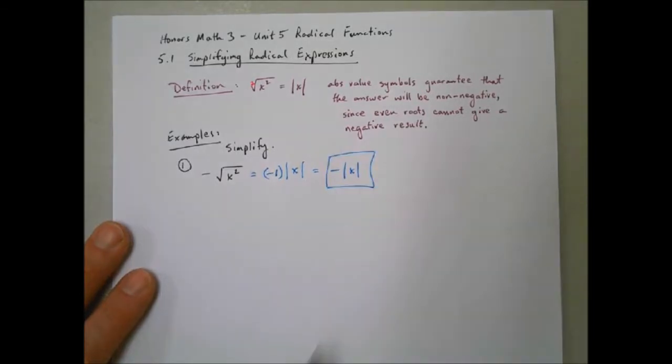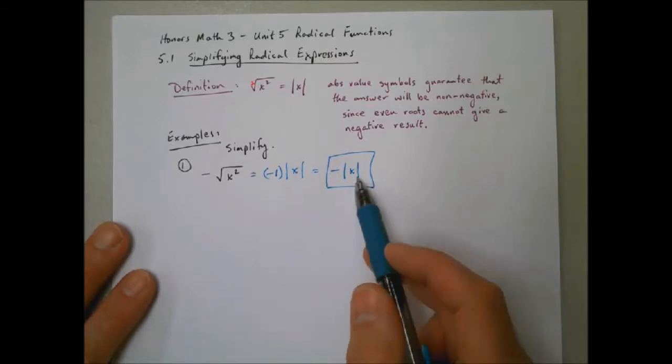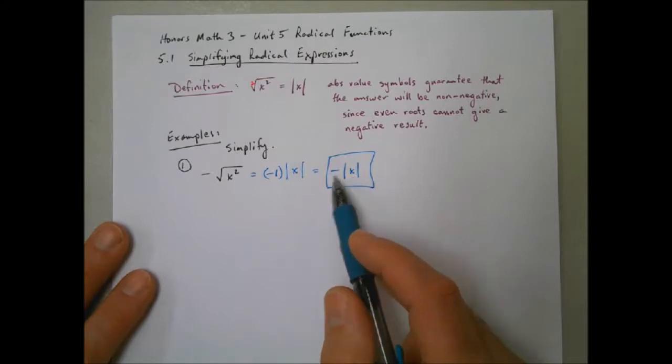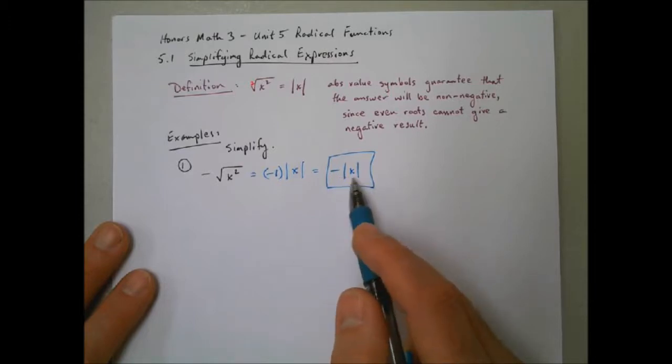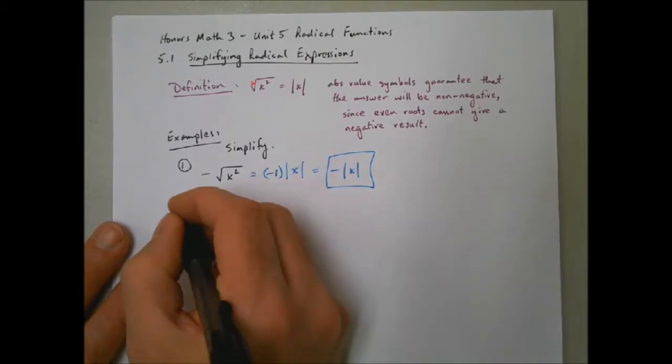And you can't get rid of the negative, and without knowing what x is, we really can't do anything more than that. Whether x is positive or negative, this is a negative value because you have -1 times a guaranteed non-negative.